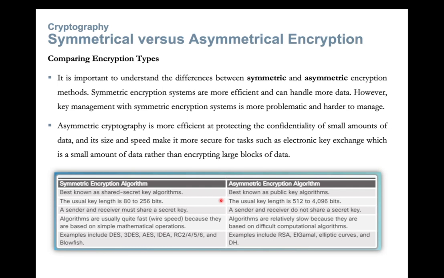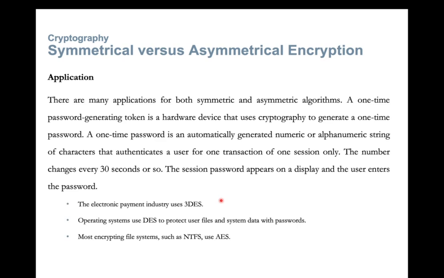Now let us see what the applications of symmetric and asymmetric key algorithms are. Let me discuss that quickly. There are many applications for both, but a one-time password generation token is a hardware device that uses encryption to generate a one-time password.